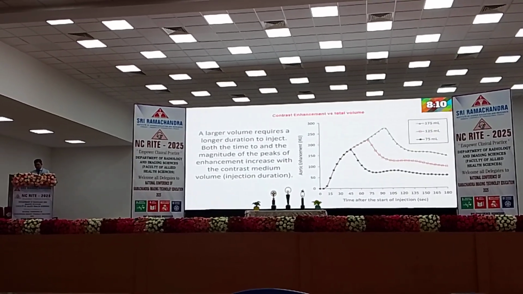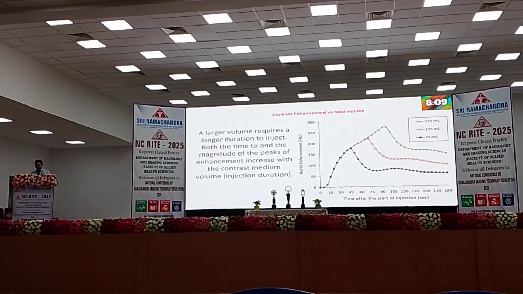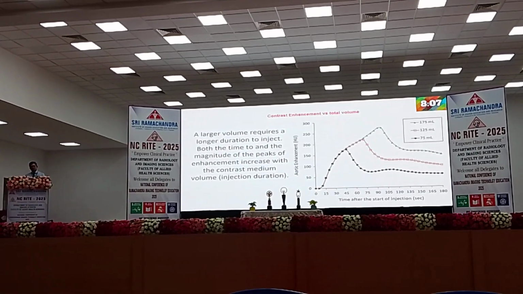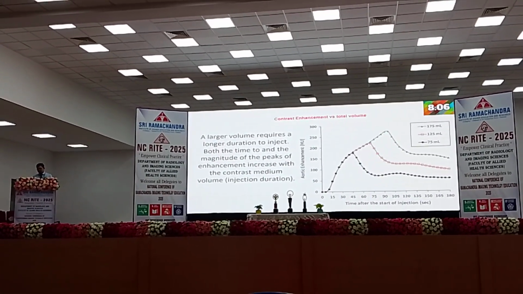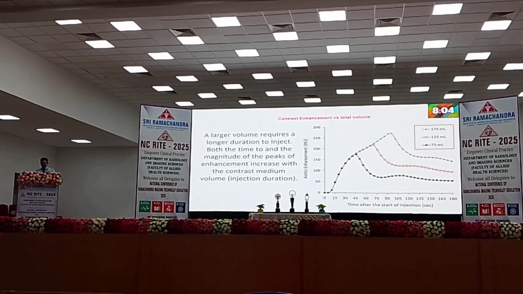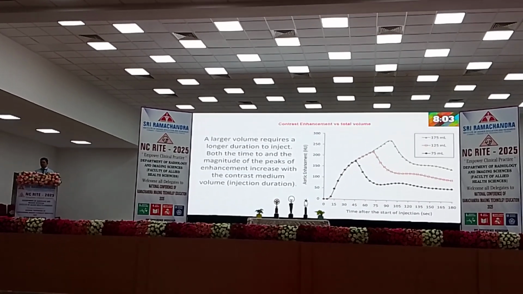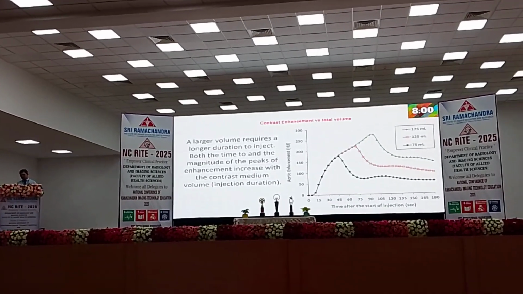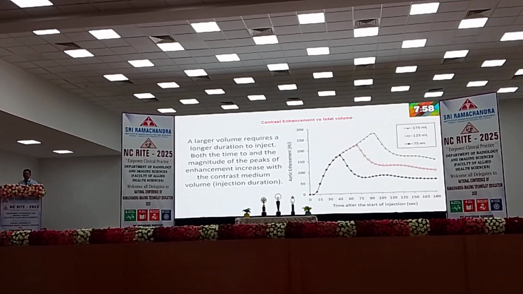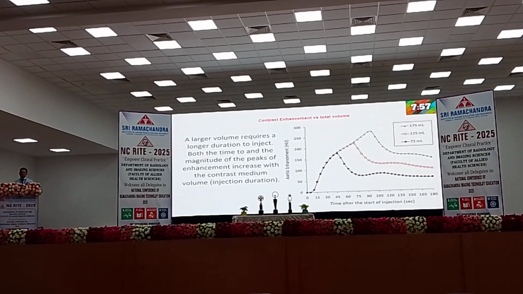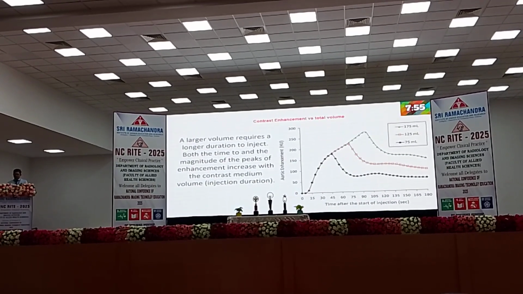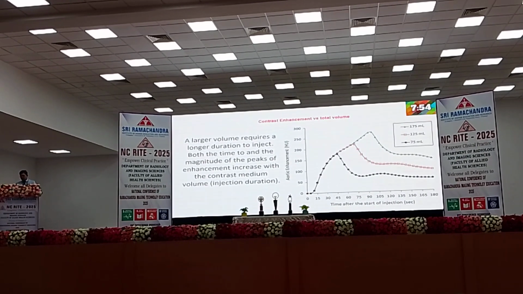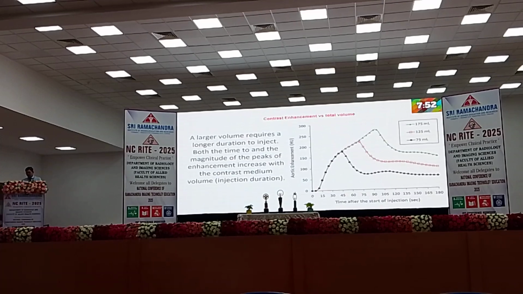You can see the enhancement, and if you are injecting 175 ml to that same patient, you see the enhancement. If you are injecting 75 ml, it may be a lesser amount of contrast. If you inject 175 ml, it is not necessary, because with 125 ml you are able to get a good window period here to complete the scan.